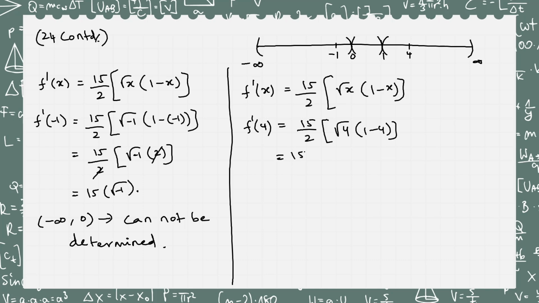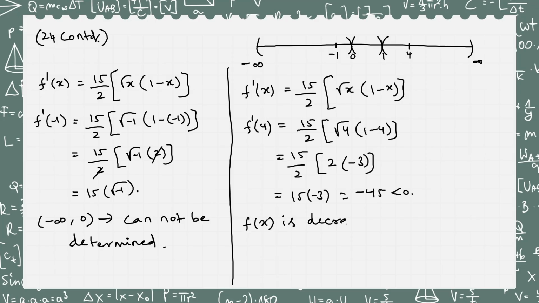This will give you 15 by 2 into 2 into minus 3. So this will give you 15 into minus 3, minus 45, which is less than 0. So f of x is decreasing in the interval 1, infinity.